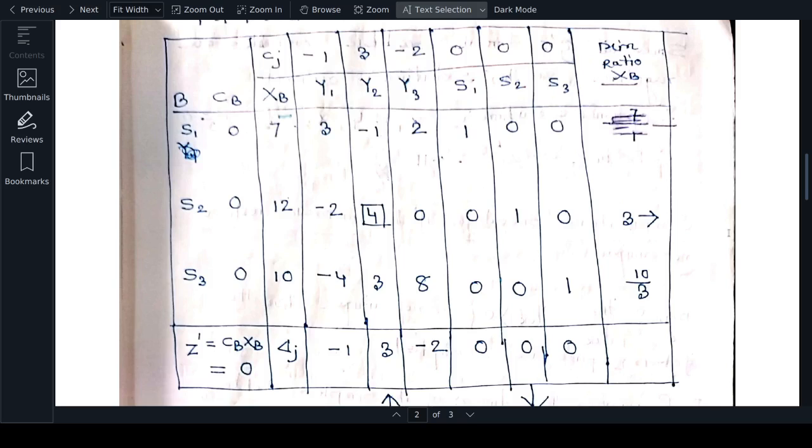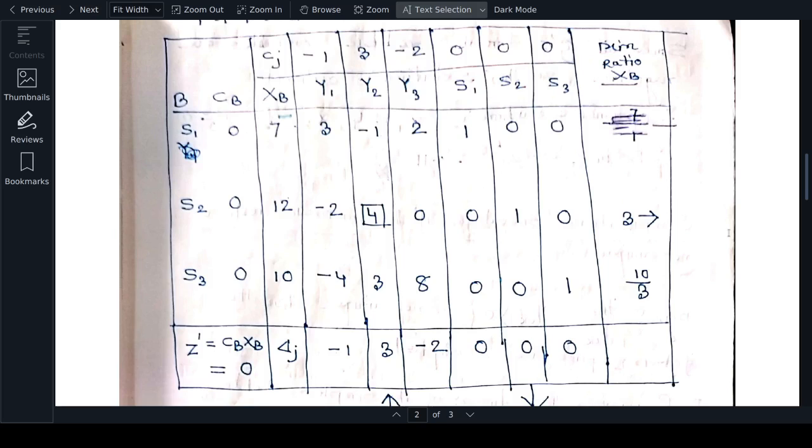In XB, current basic feasible solution means what? S1 value is what? 7. When x1, x2, x3 equal to 0, then S1 value is 7. Second column of the identity matrix is S2. So in B written S2. Then coefficient CB is 0.